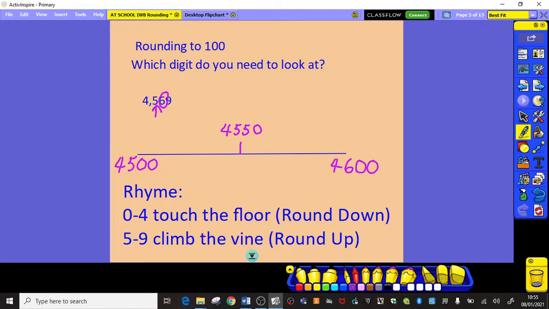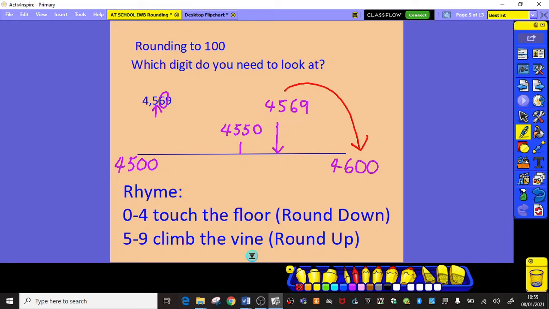And looking at an estimate of where I put this number, well, 4,550, 4,560, 4,570. So my number's going to roughly go around here, 4,569. Again, I can see it is closer to 4,600 than 4,500, so I would be rounding up.